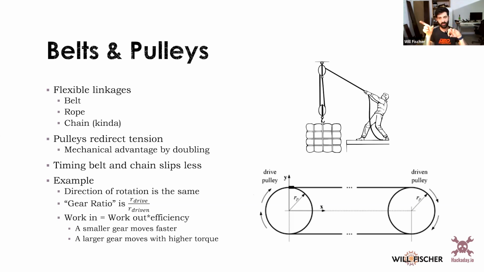And if I increase it, I'm going to have a lower gear ratio, which gets me more torque out. And similarly, my work in is equal to my work out times my efficiency. And so I can say, hey, my smaller gear is going to move more quickly and my larger gear is going to move more slowly. And this works the same way that gears do, which is why I'm not going into it too deep right now.